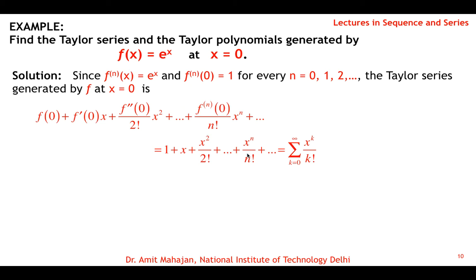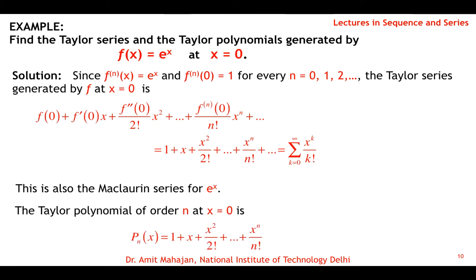And the corresponding Taylor polynomial is nothing but the polynomial of order n, truncated from this infinite series. So the Taylor polynomial of order n at x0 is written as P n x, which is 1 plus x square by 2 factorial plus so on up to x n by n factorial, so up to the nth derivative term from this infinite series.